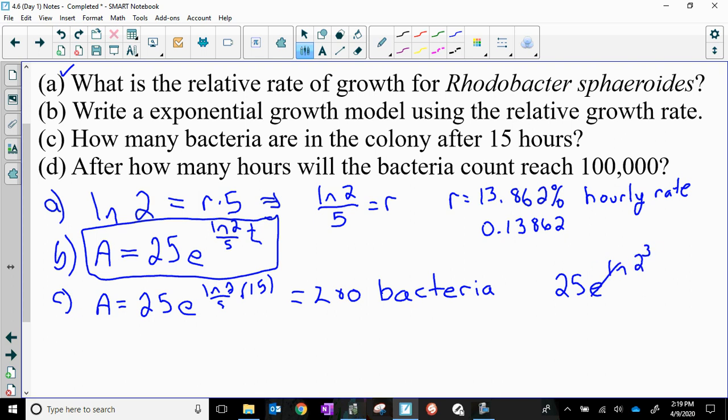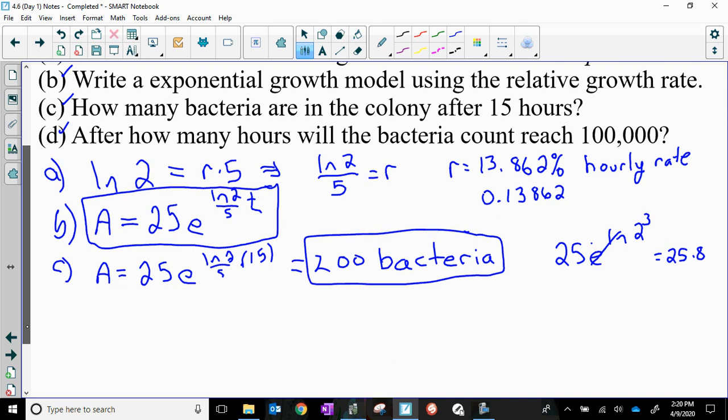And those would divide out. And now you have 25 times 2 cubed, or 25 times 8. And think about it, 8 quarters, $2, 200 cents. That's the answer we came up with. I highly suggest, though, if you have a calculator, just use it. All right. So B and C are done.